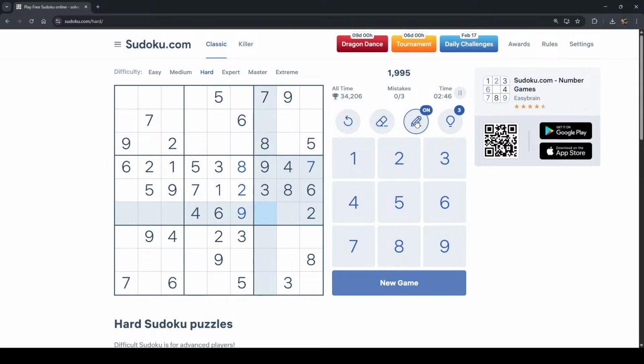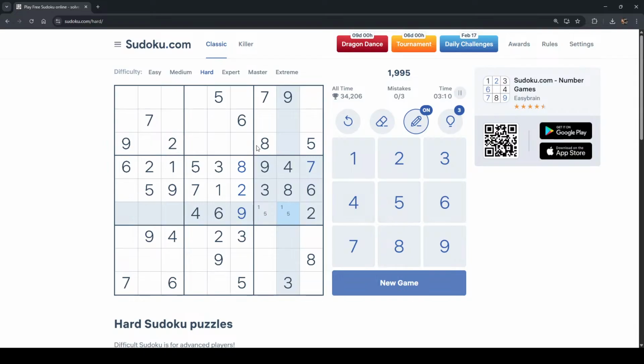Sometimes, if we're not finding an answer, we can at least fill the probable ones. There's a pen symbol over here, which when we click, we can type 1 5 as the 2 probable numbers here. This will be entered in small gray writing. Then we can type 1 and 5 over there also. So these 2 are probable.